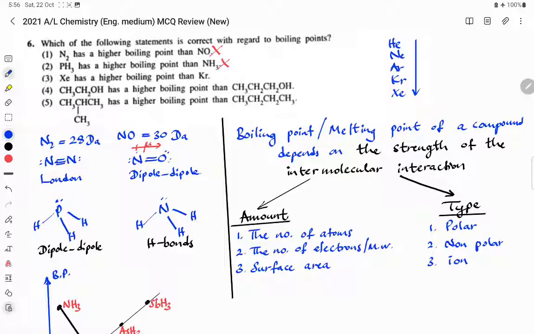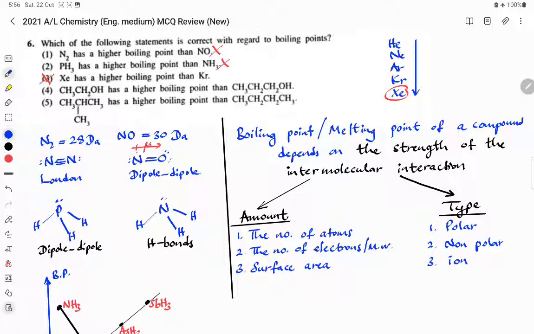All of them contain London forces. The number of London forces that can be formed by each atom will increase down the group because the number of electrons, the molecular weight, or the surface area increases. You can use any point. Therefore, xenon has a higher boiling point. Yes, that is true. So the answer for the sixth question will be the third one.